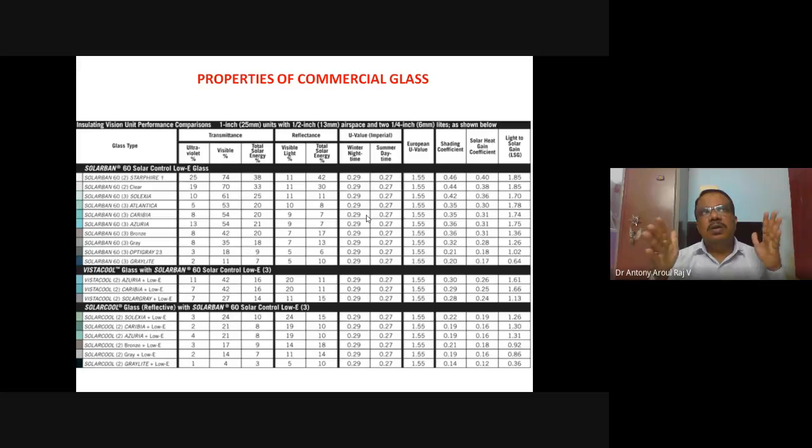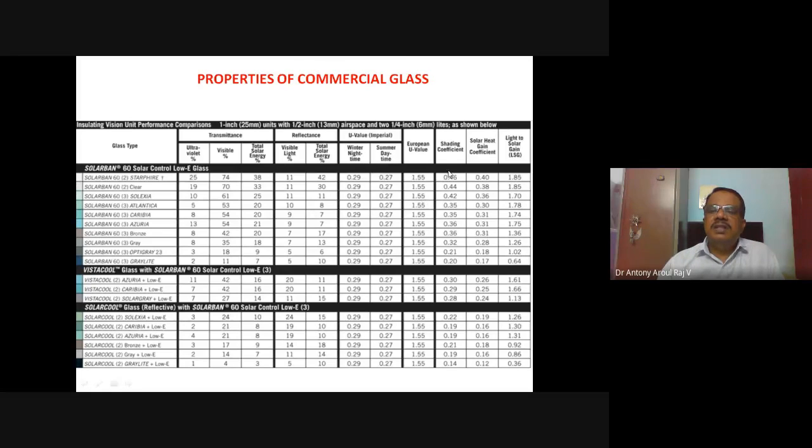That means you require a glass with low U value for handling the building in the winter conditions. So that is how this U value becomes important. So we should understand this. U value becomes important in Western countries or very cold countries, especially during night time.